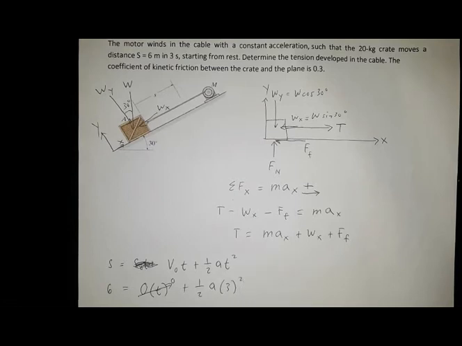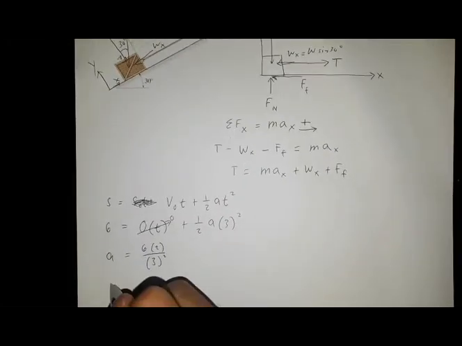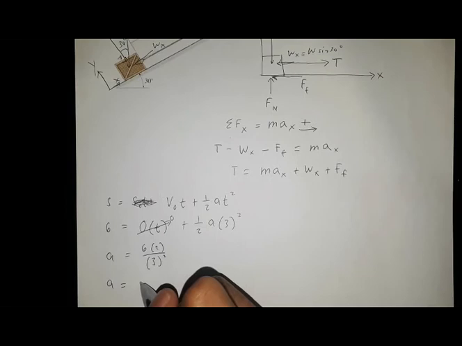So we have a equals 6 times 2 over 3 squared, and a equals 1.33 meters per second squared.